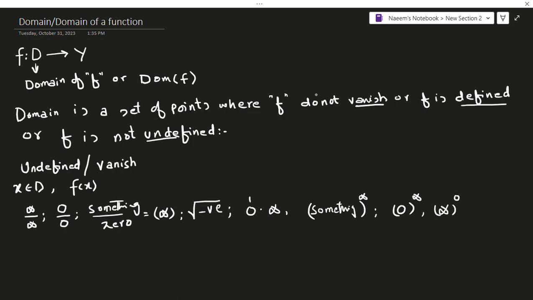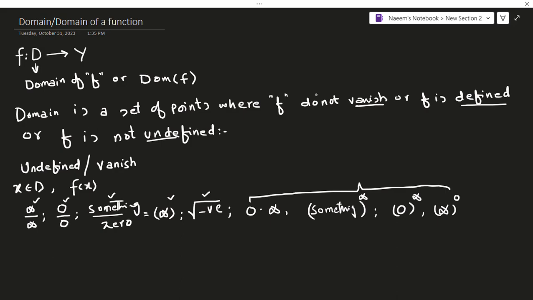These are also undefined forms. There are several other forms, but our topic of discussion is limited to some extent. We will discuss these types of defined and undefined forms, so at this level we are going to ignore these other things.